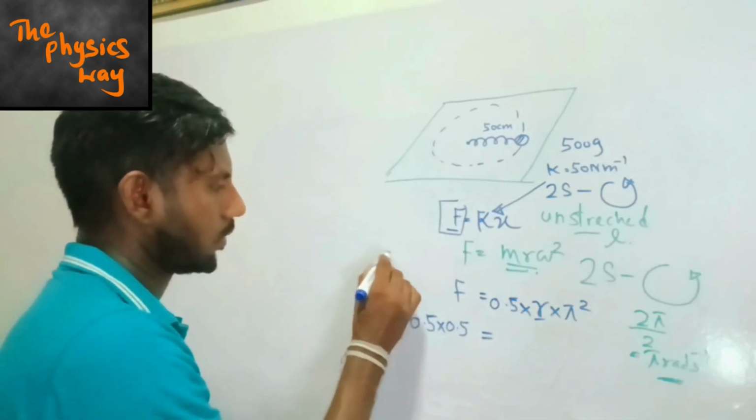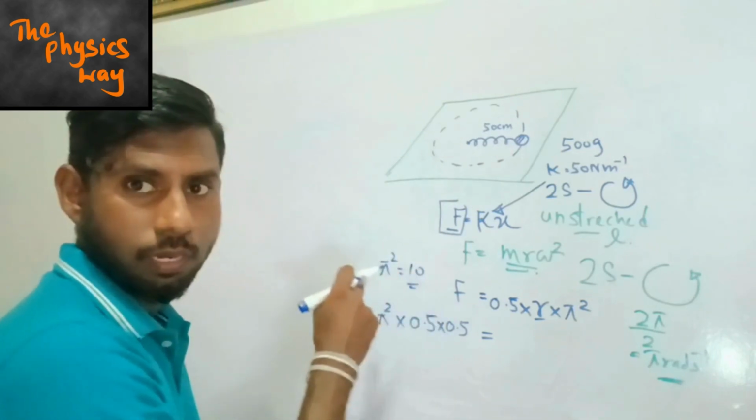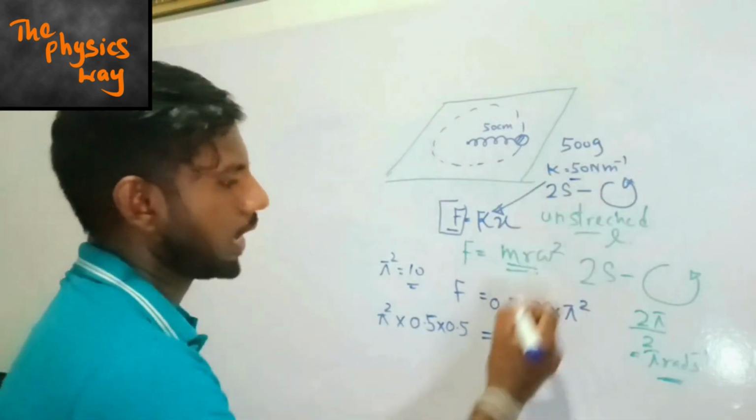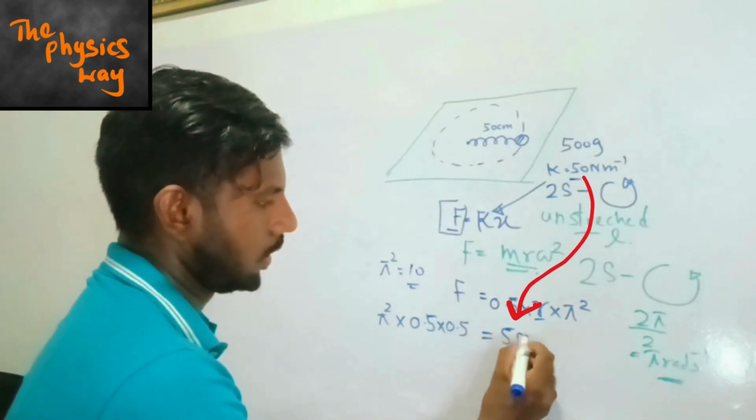We are supposed to take pi squared as 10, as given in the data, and kx, where the value of k is 50, into x.